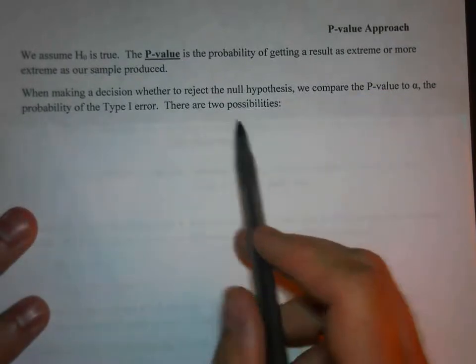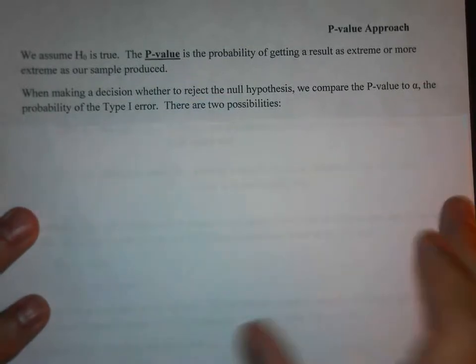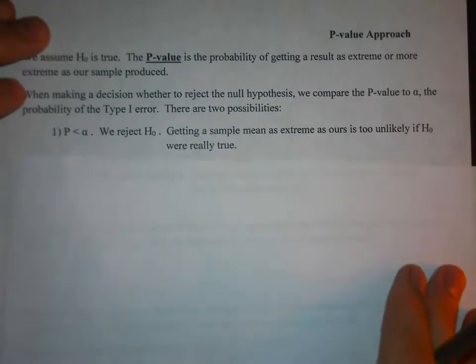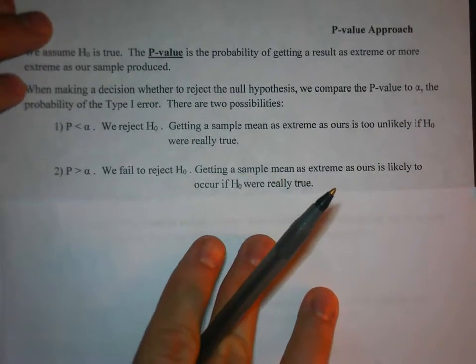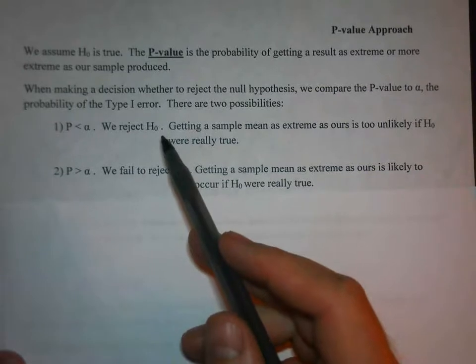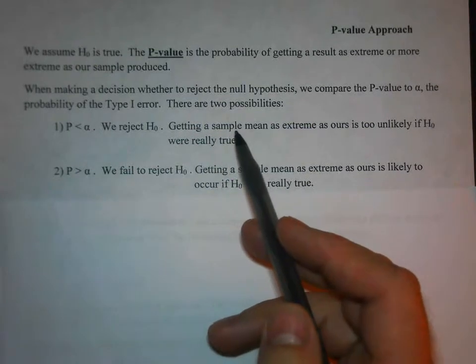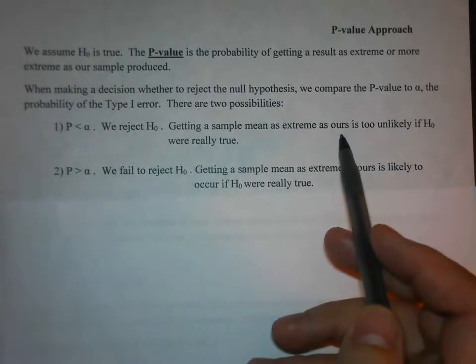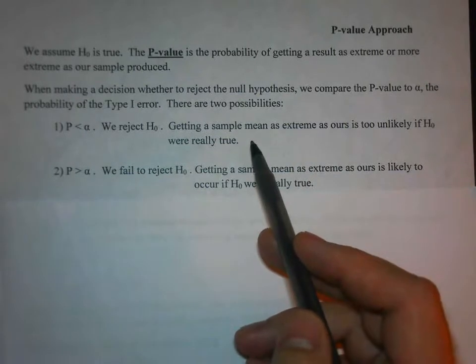Okay, so when we decide whether to reject the null hypothesis, there's two possibilities. Either that p-value is less than alpha, and that means we would reject H0. Essentially what that's going to mean is when we collect our sample, getting a sample mean as extreme as ours is too unlikely if the H0 were really true.